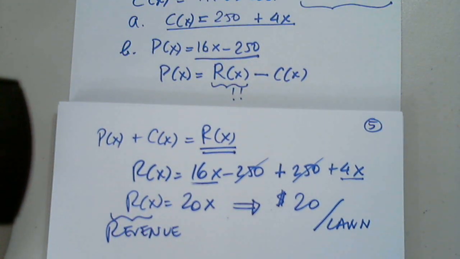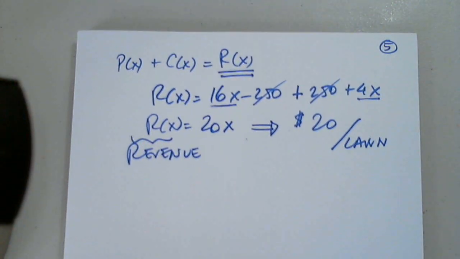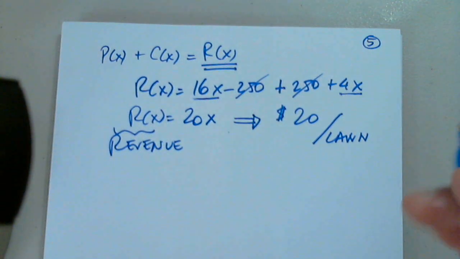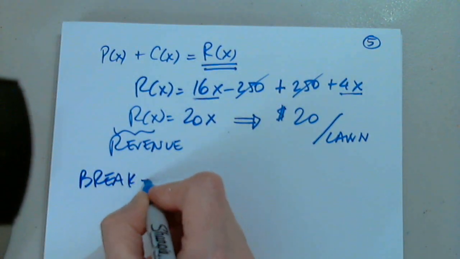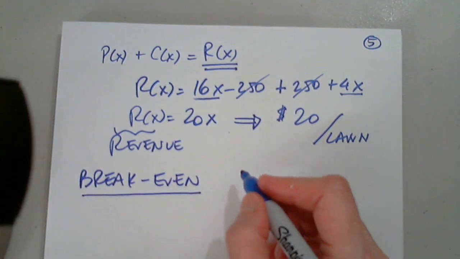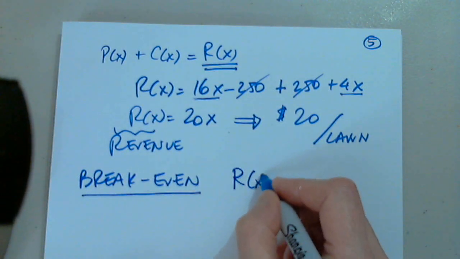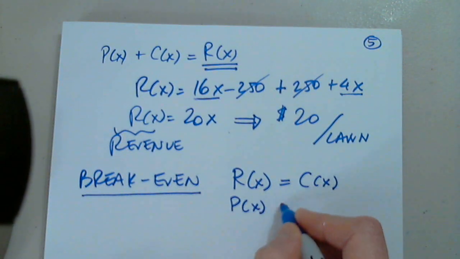Good. Let's see, is there anything else there? How many lawns must Jamal mow before he begins to make a profit? Okay. So there is something called a break even. Break even is the point where the revenue equals the cost or the profit is zero.